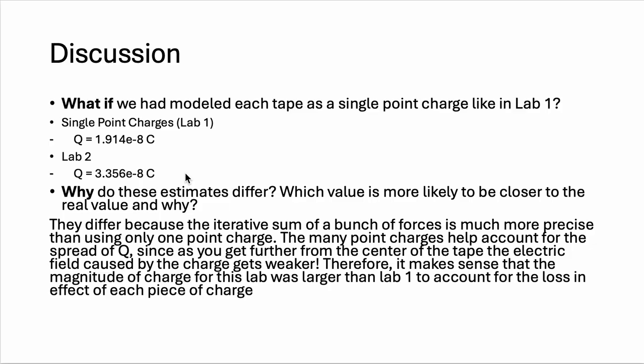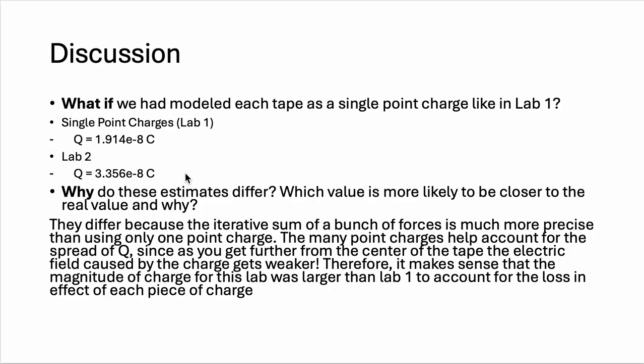So they differ because the iterative sum of a bunch of forces is much more precise than using only one point charge. The many point charges help account for the spread of Q, where Q is spread across the entire length of the piece of tape. And we know that as you get further from the center of the tape, the electric field caused by that charge gets weaker, basically because it's a larger distance from the center of the tape.